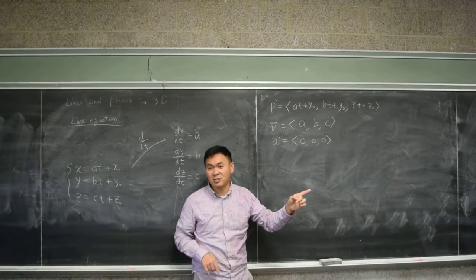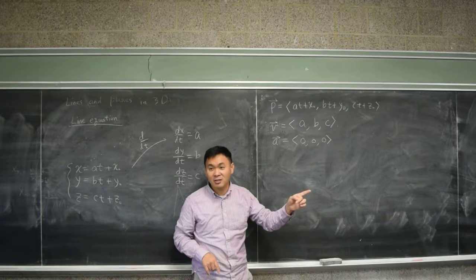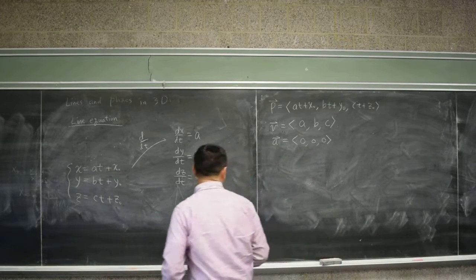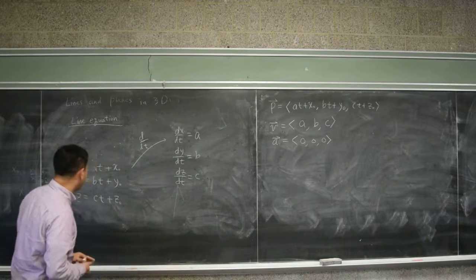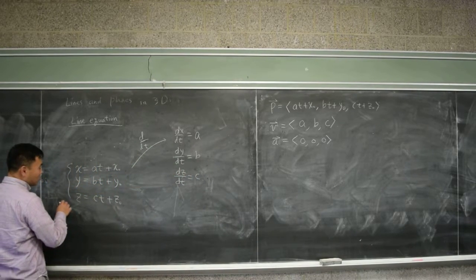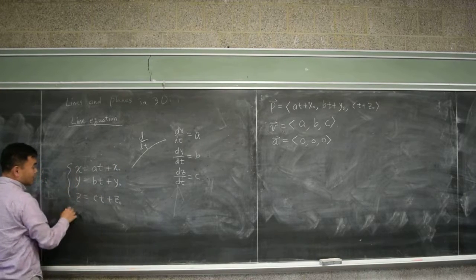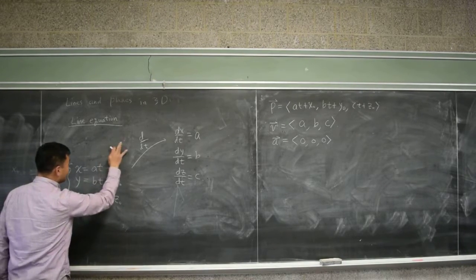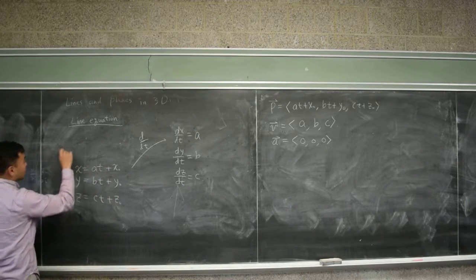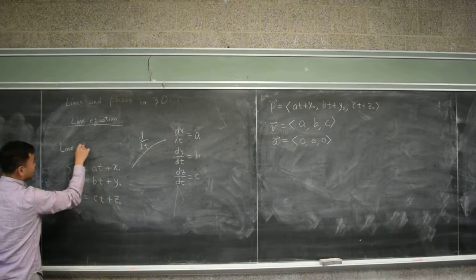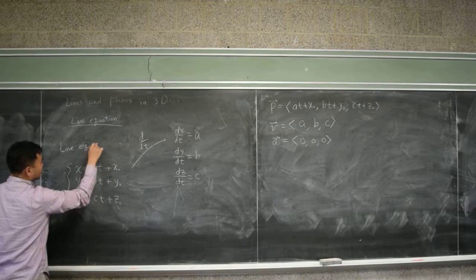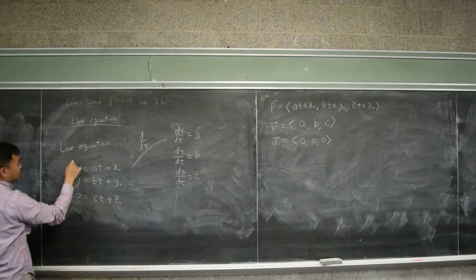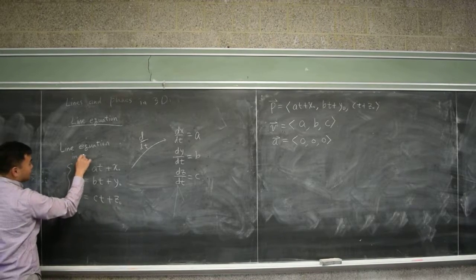It should be a straight line. Okay. So with this consideration, you can go back and say that the trajectory of this equation is a line. So we will actually say that this is a line equation in 3D. And this is in parametric form.